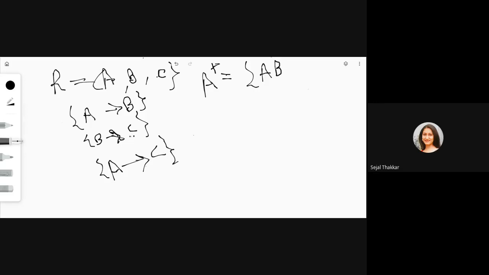And from B, from the second dependency, I'm getting C. So from A's closure, I'm getting everything: A, B, C. So there is no need of A tends to C. This dependency is transitive. This is extra. I have already shown you such a triangle, that A tends to B, B tends to C. Then you can write down either C tends to A or A tends to C. So there is no need of this A tends to C.